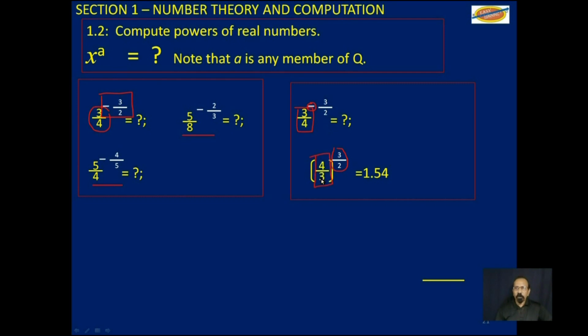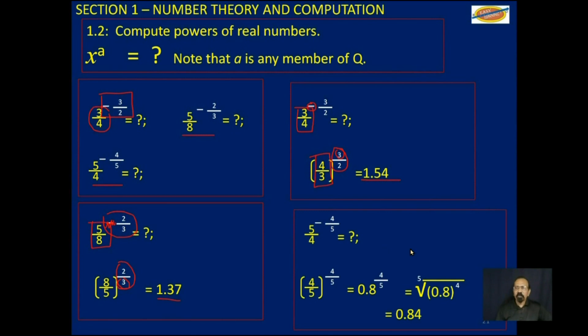And so we take 4/3, we find the square root of that, and whatever we get, we carry that to the 3rd power, and we will get this. 5/8 to the -2/3, we invert the 5/8, remove that negative, and so we get 8/5 to the same 2/3 power. You work out what 8/5 is. You can then square that and then find the cube root of whatever you get, or you could go the other way around, and your answer is 1.37.